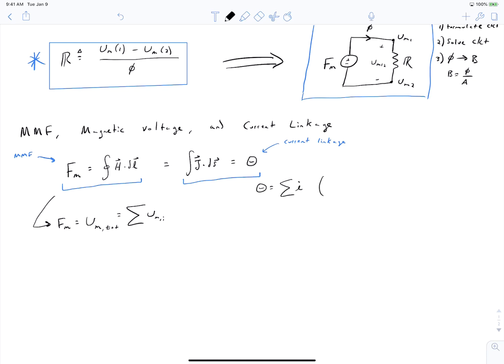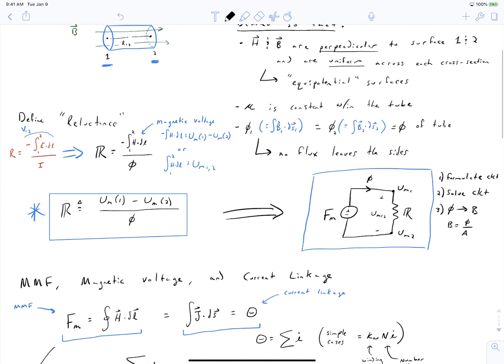And in simple cases, later in the course, we may express this in terms of a winding factor multiplied by the number of turns of a coil that links a magnetic path. I'm introducing this terminology early on, and we'll formalize winding factors and current linkage more in our next unit later in the course. Okay, so that's MMF, magnetic voltage, and current linkage.